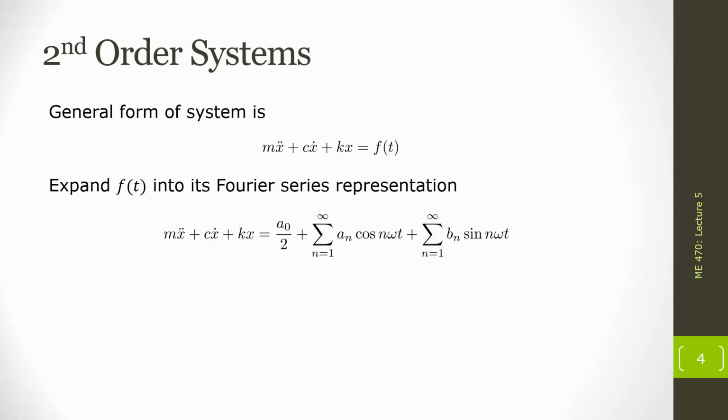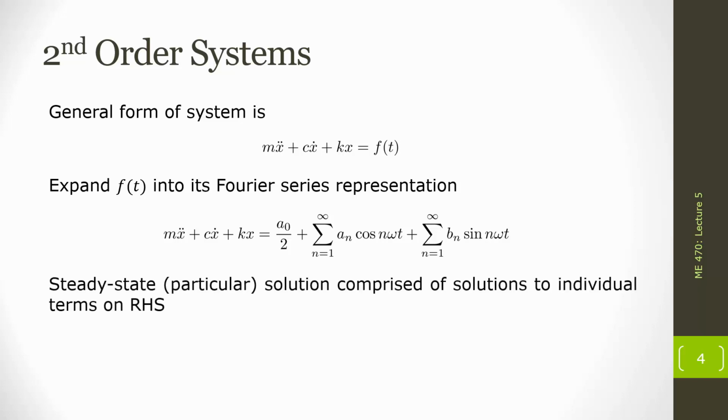However, solving now for x of t, solving this second-order differential equation, is now going to be much easier because we already know from the previous section how to find the particular solution when we have a cosine term or a sine term. Here we have a lot of cosine terms and a lot of sine terms, and we have a constant, which is also fairly easy to find the particular solution for.